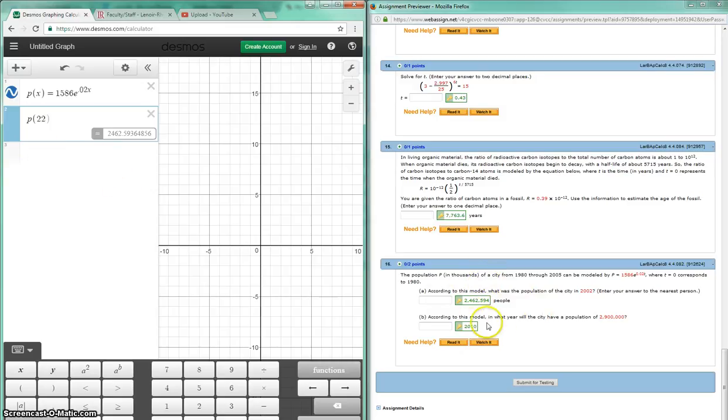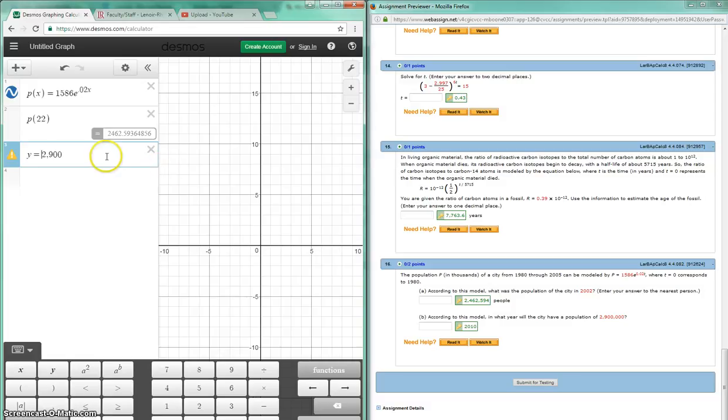But also, according to this model, when would the population be 2.9 million? So basically, I'm going to be typing in 2900, right? So if I have a y equals 2,900, that's the same thing as 2.9 million, right? Or 2,900,000.